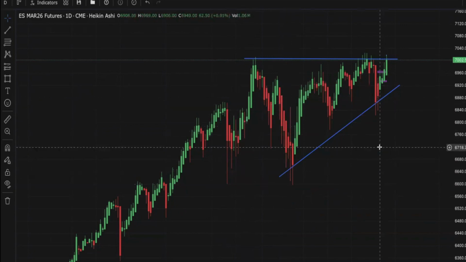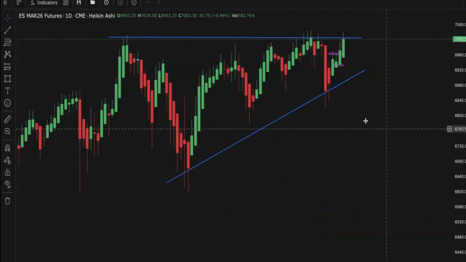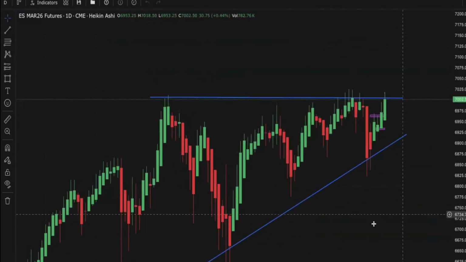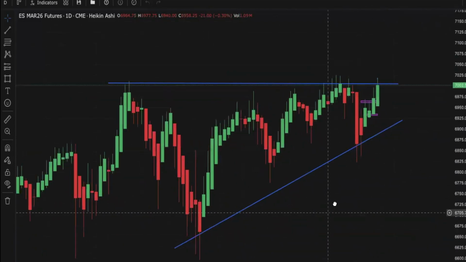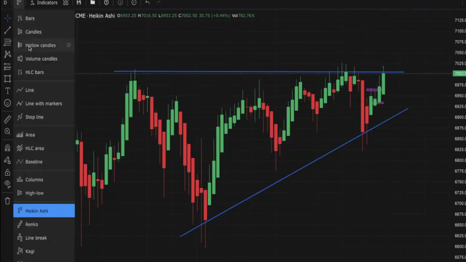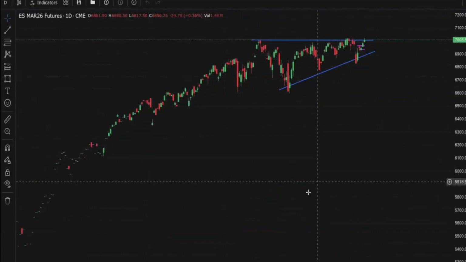All right, so as we can see, we had a very, very bullish market. The reason why I put the Heikin Ashi candle is because the proper candle will be like this.